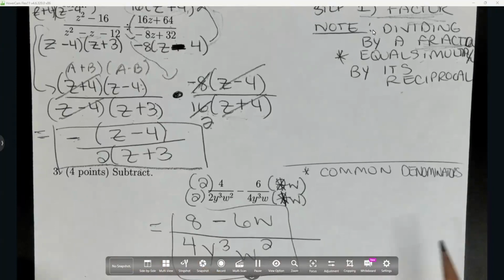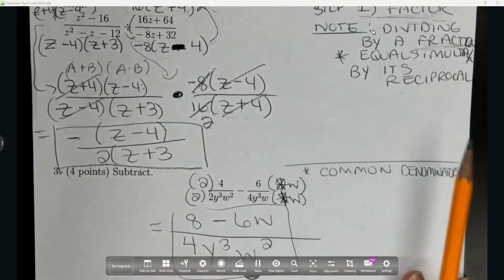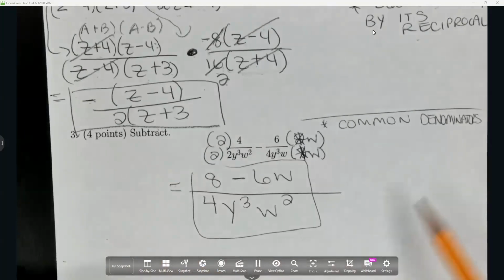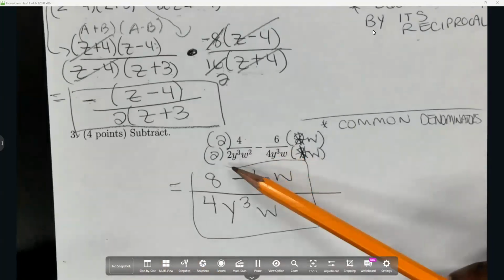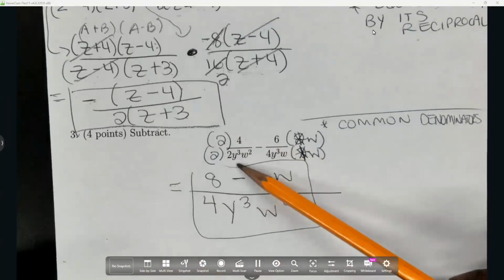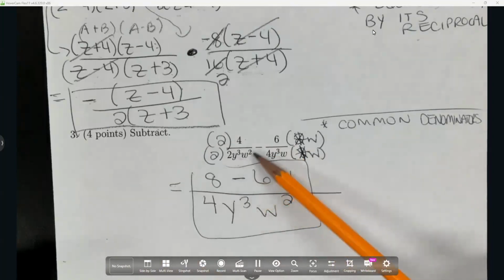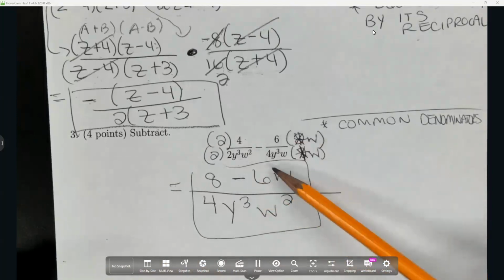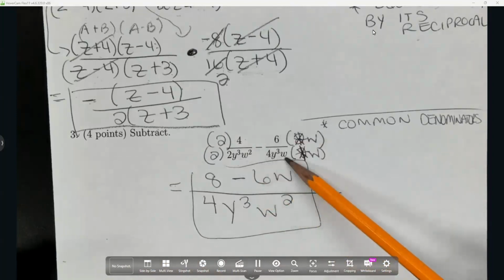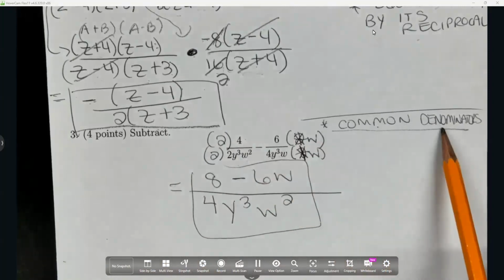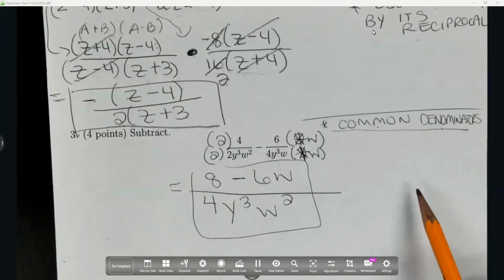Now for the third problem, we see a subtraction. We're subtracting: we got 4 divided by 2y cubed w squared minus 6 divided by 4y cubed w. Now remember, you have to have common denominators in order to add or subtract.